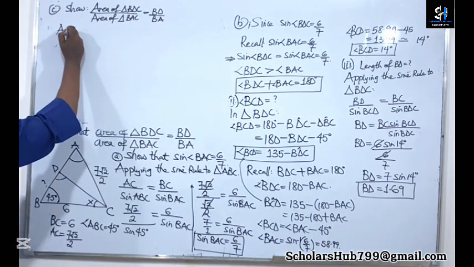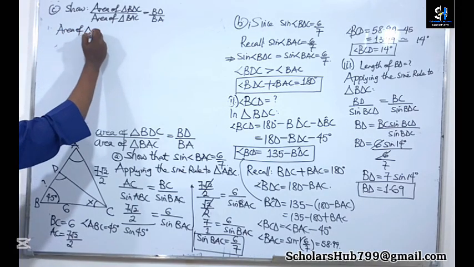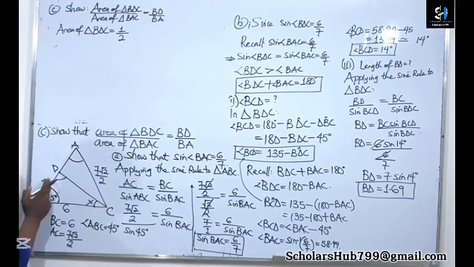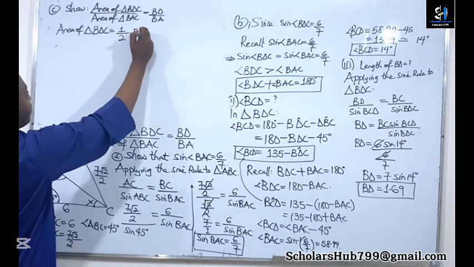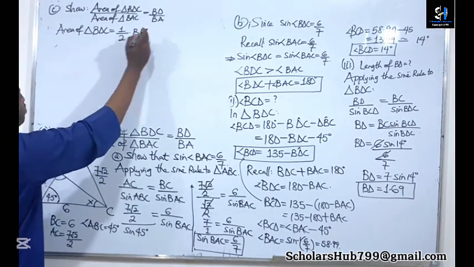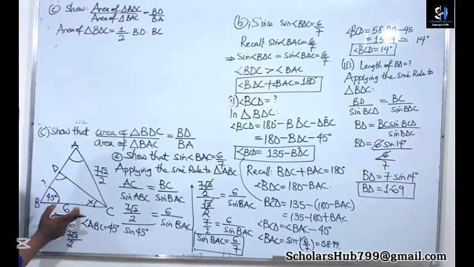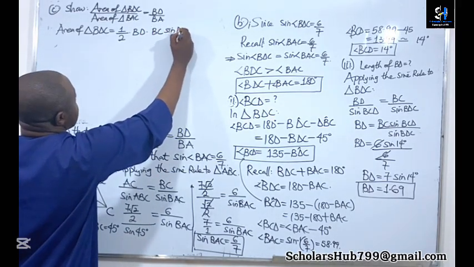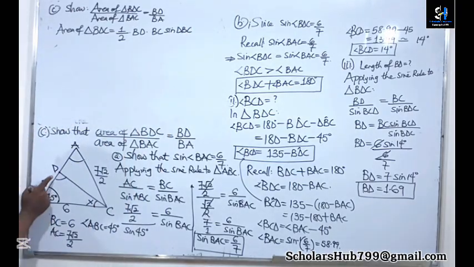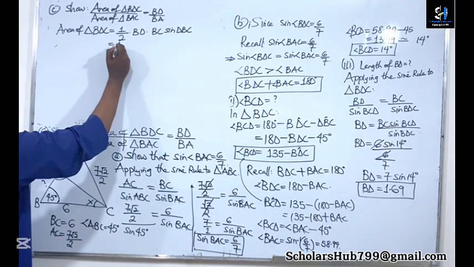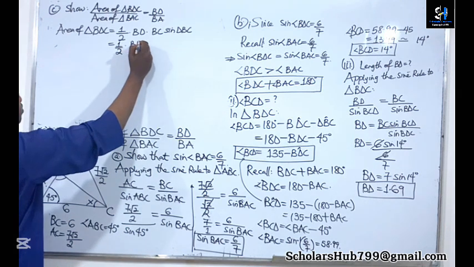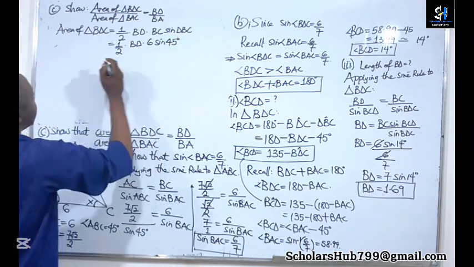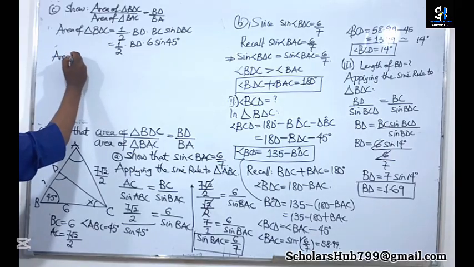So for the area of triangle BDC, that will be 1/2 of BD times side BC times sine DBC. We know that DBC is 45. So this will be 1/2 of BD multiplied by 6, then sine 45 degrees.